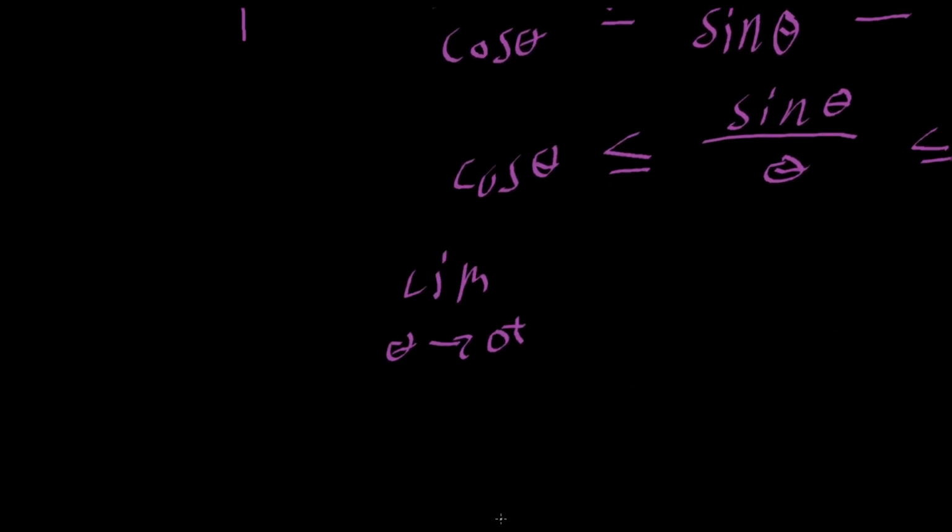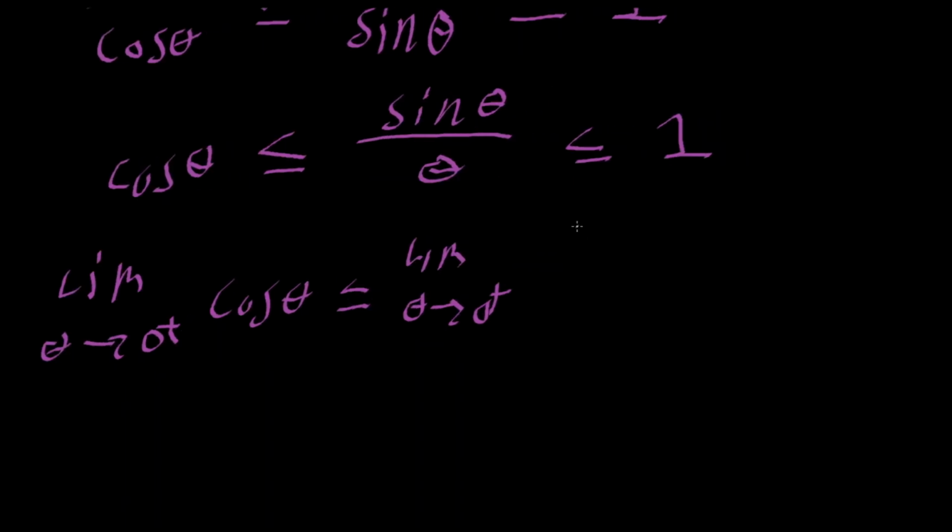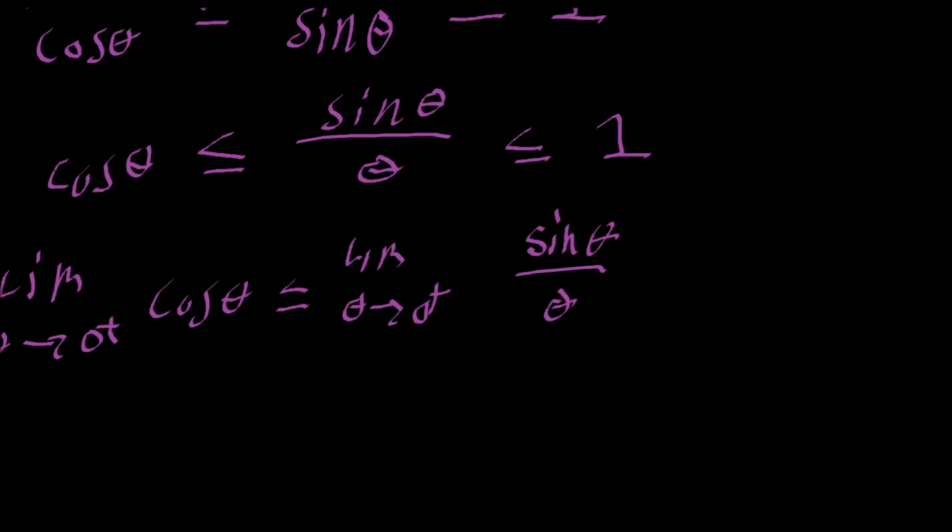So the limit of theta approaching 0 plus of cosine of theta will be less or equal to the limit as theta is approaching 0 plus of sine of theta over theta, which will be less or equal to the limit as theta is approaching 0 plus of 1.